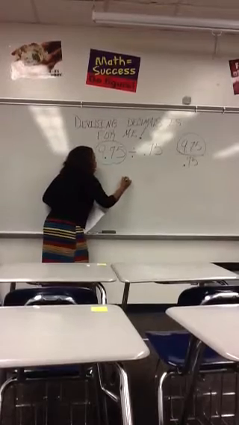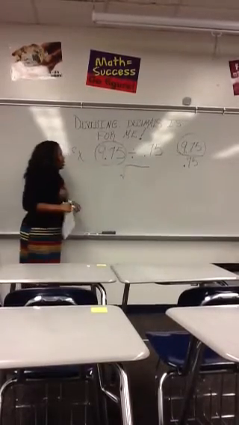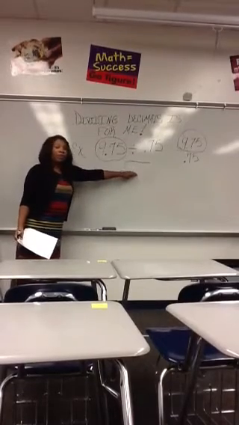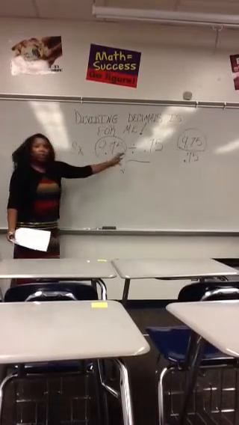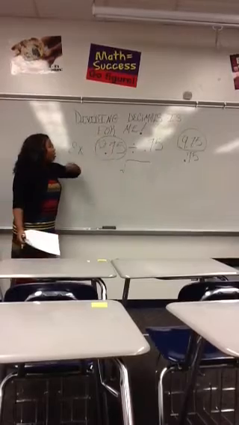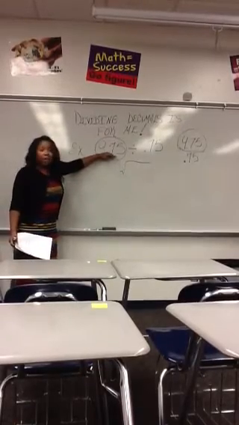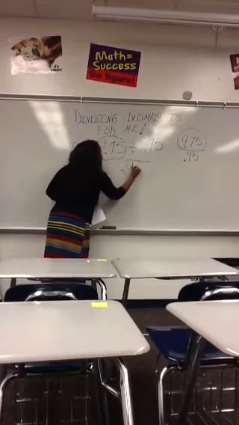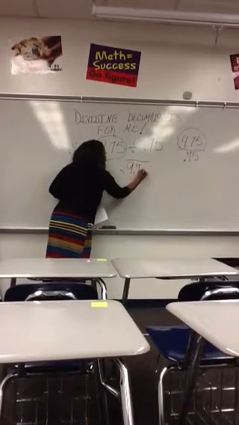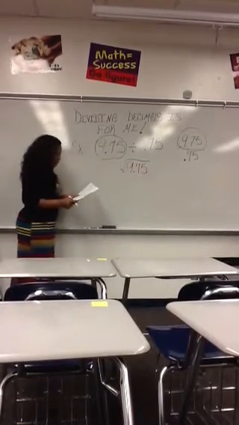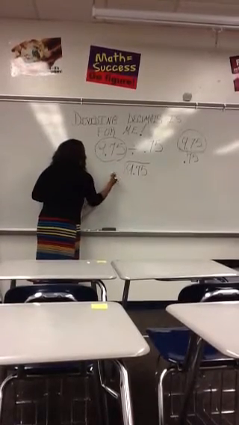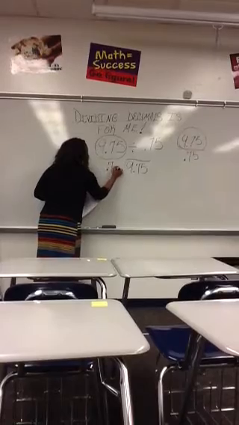Some of you have a misconception about the larger number always going in. It doesn't matter which number is larger or smaller. So I'm going to put my 9 and 7/500 there, and my 7/500 on the outside.